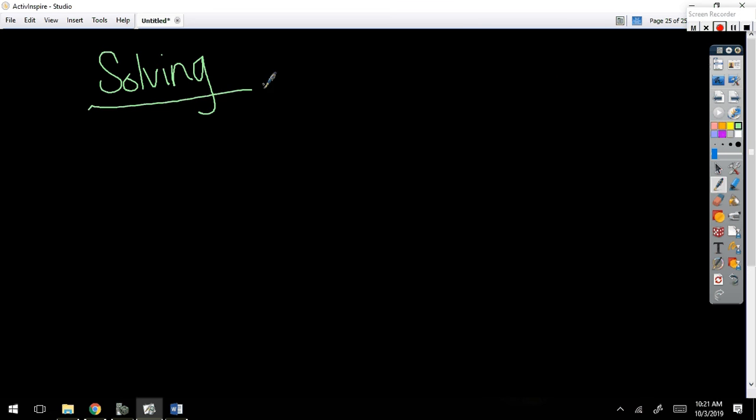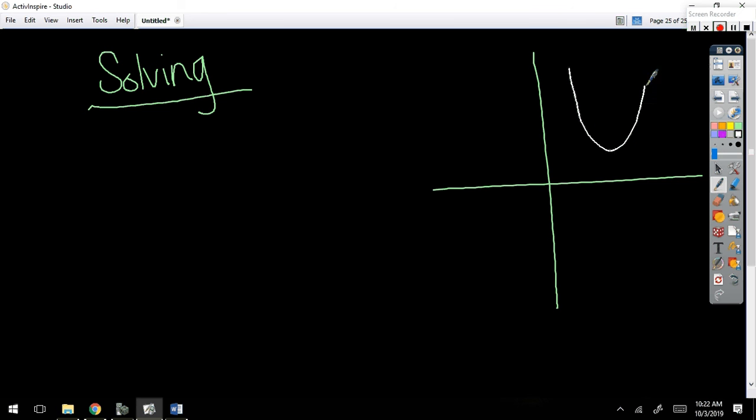But we said sometimes there are scenarios where it never crosses the x-axis. I can still have two solutions, but they're going to be two imaginary solutions. We're not going to graph on an imaginary plane, but let me show you.